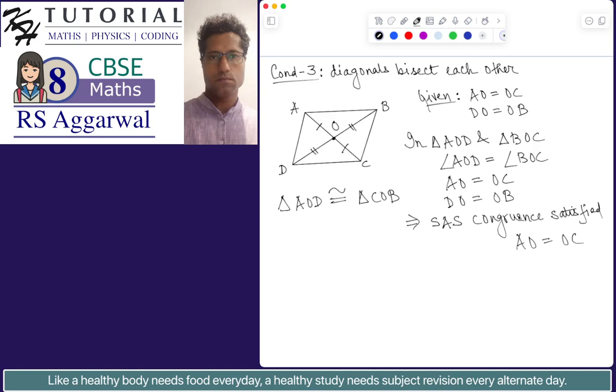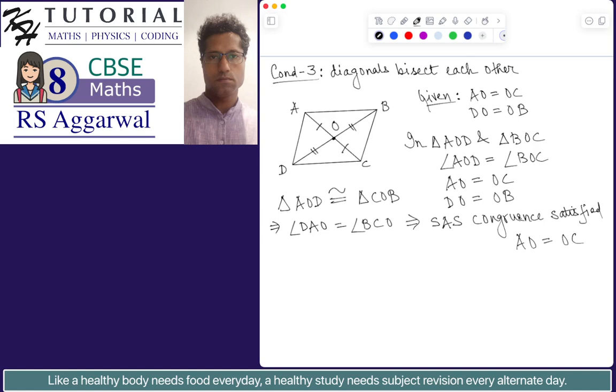So if we have this congruence relationship established between triangle AOD and triangle COB, from this congruence relation we can say that angle DAO of triangle AOD will be equal to angle BCO.